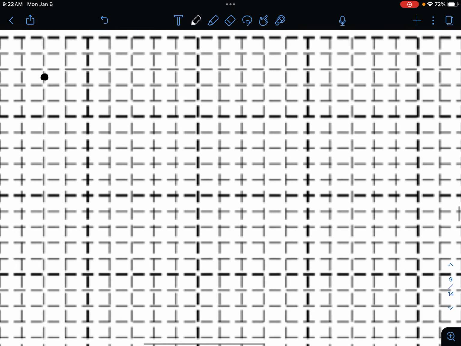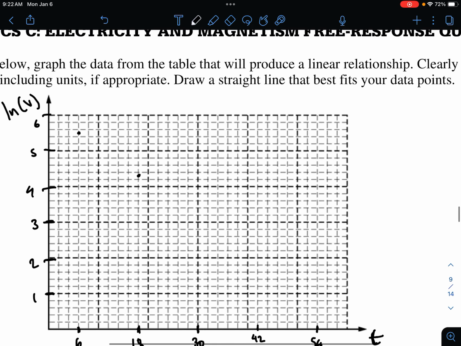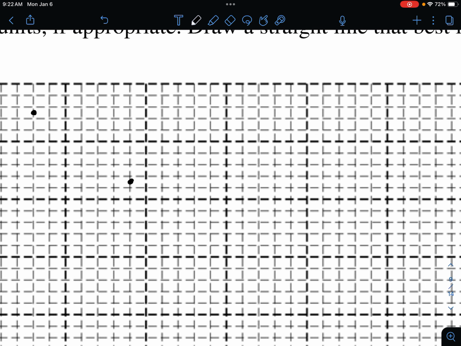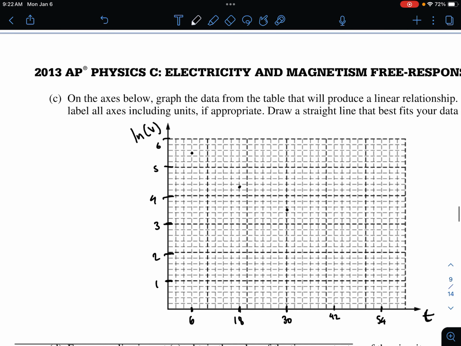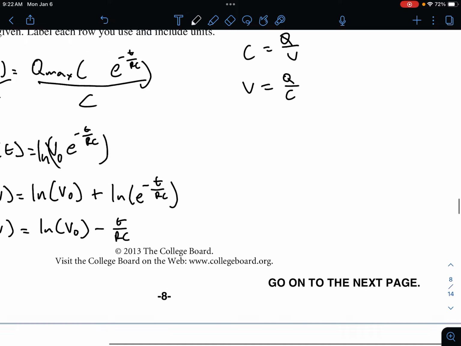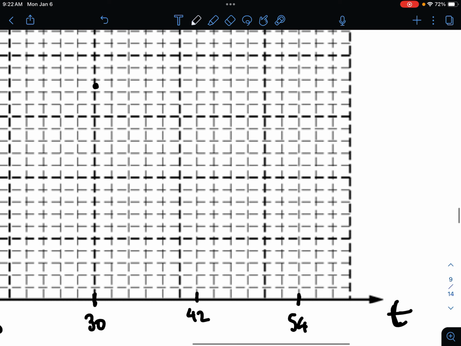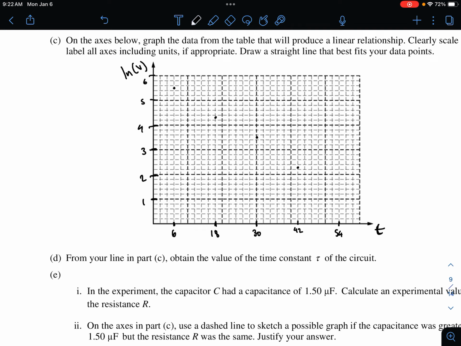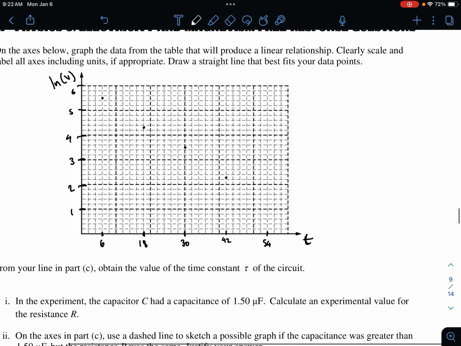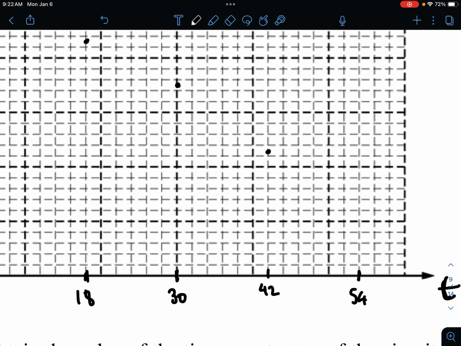So that's a little more than 4.2, so kind of in between 4.2 and 4.4. 3.5 would be for 30, so that's like in between 3.4 and 3.6. 42 is 2.3. So that would be in between 2.2 and 2.4. And then the last one is going to be 54, which is 1.79, which is pretty much perfectly at our increment. So I'll do it right below.